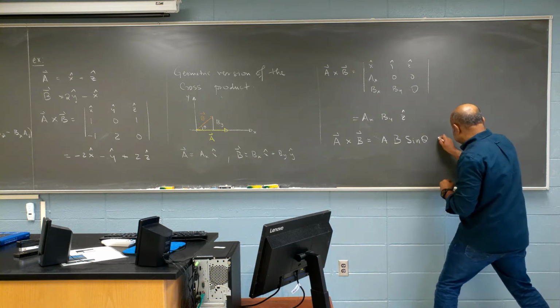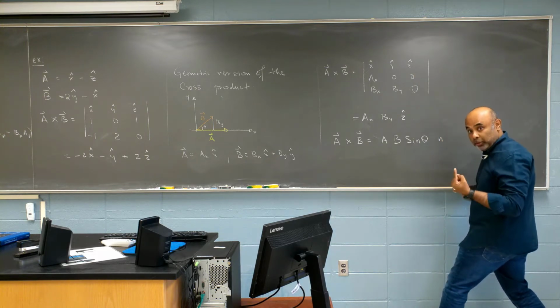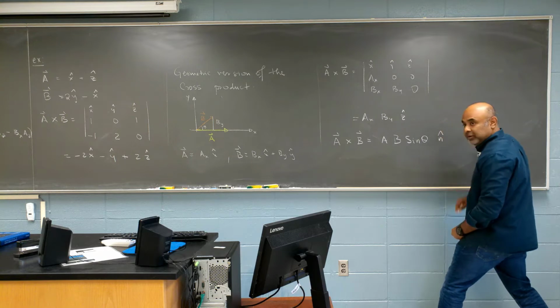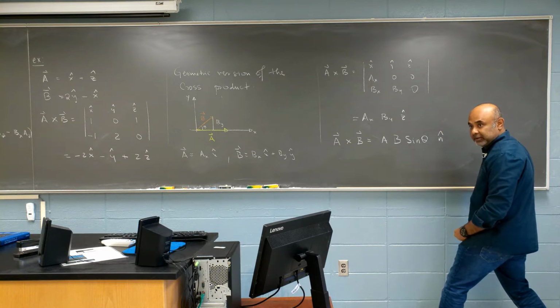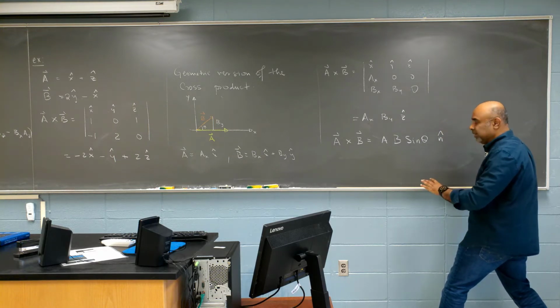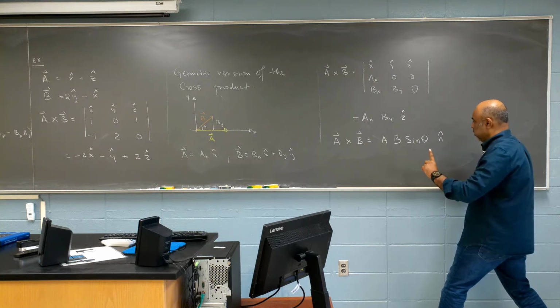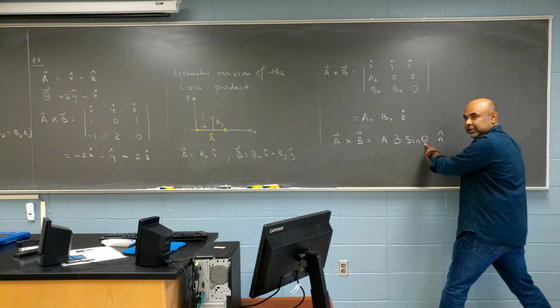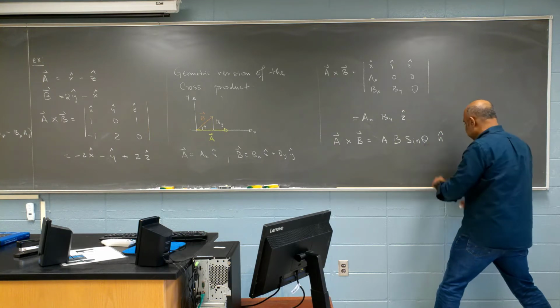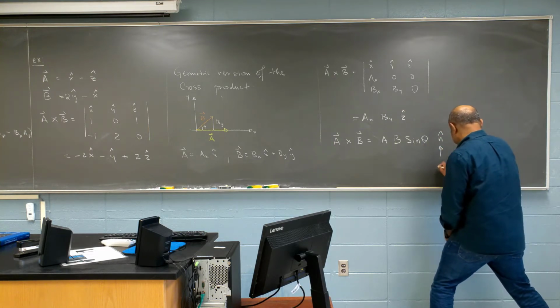So the notation is N for normal and hat for unit vector. But there's a conversation to be had here, because now sine theta could be plus or minus. Let me explain.